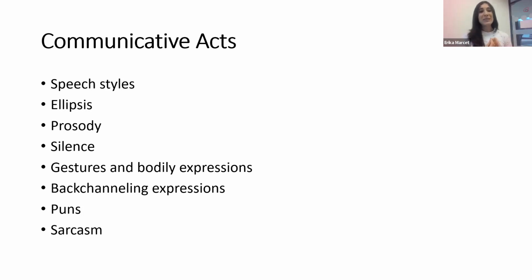And so what I did was examine these challenging communicative acts through the lens of relevance theory, and that allowed me to identify where the inference processes lie within these features, and particularly which type of cognitive abilities learners weren't activating in real-time processing.